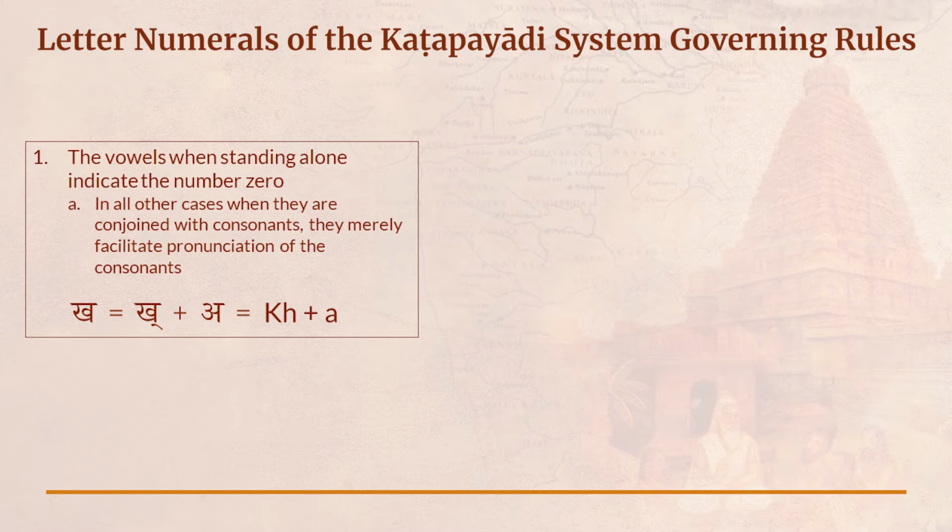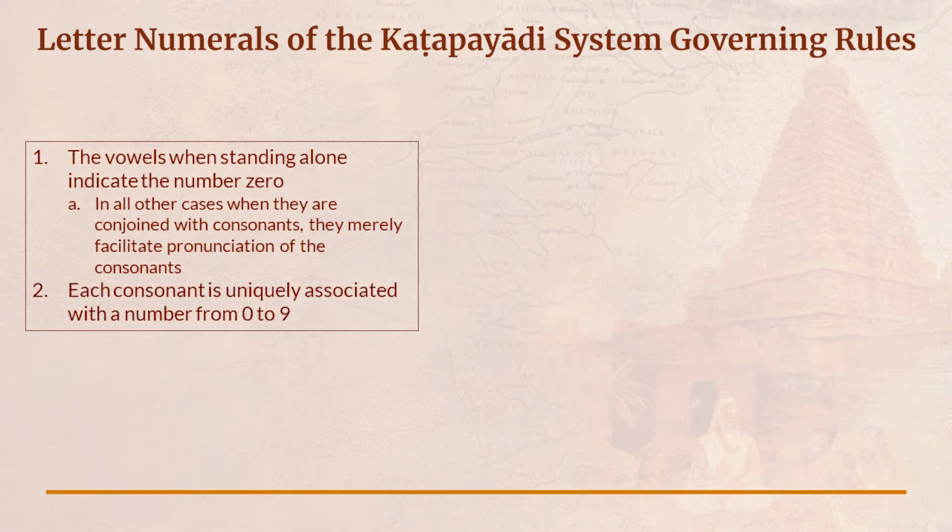So, when you say ka, ka actually has ik and a. The ik is the consonant, a is the vowel, but the vowel is used more for ease of pronunciation. Beyond that, it does not play a role. So, when you say ka, you are looking at some number related to the consonant, without the vowel.